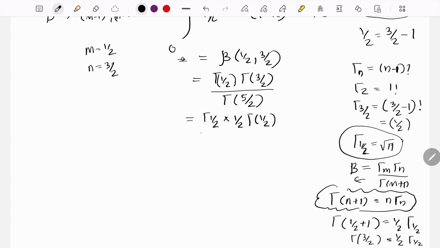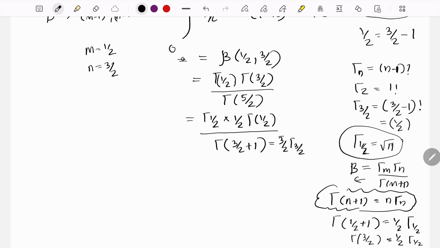And here gamma of 5 by 2, that is we can write gamma of 3 by 2 plus 1 is equal to 5 by 2. So this is also in the form of n plus 1, that is equal to n gamma n, that is n is 3 by 2 gamma of 3 by 2.